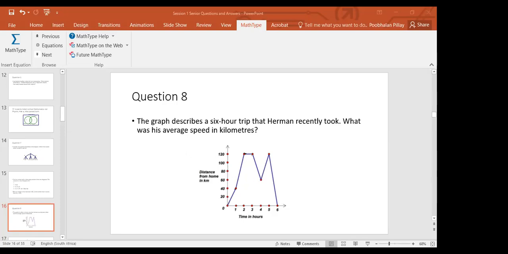Now, average speed. How do you calculate average speed? The average speed is the total distance divided by the total time. So the total distance he travels, you have to look at the total distance he traveled altogether.